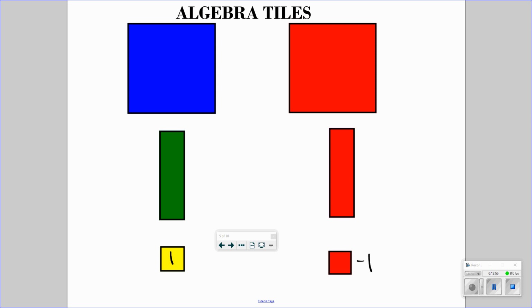If you are thinking of 1/1000, those are base 10 tiles, or 100 base tiles, whatever. That is not algebra tiles. Algebra means we need to throw in the letters. So this is considered an X, and this is a negative X. And then the largest square is called an X squared, and this one's a negative X squared.